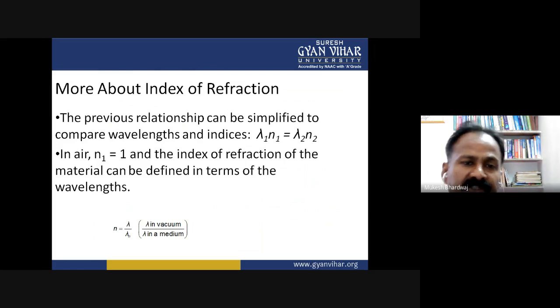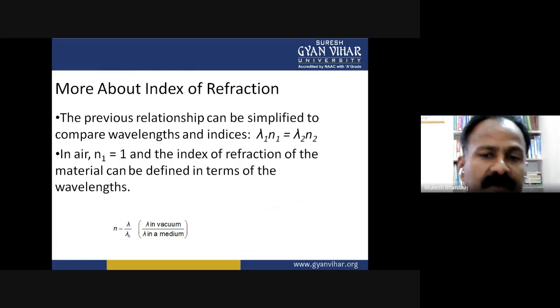The previous relationship can be simplified to compare wavelengths and indices, and it can be written as lambda 1 n1 equals lambda 2 n2. If n1 equals 1, the index of refraction of the material can be defined in terms of wavelengths: n equals lambda upon lambda n.